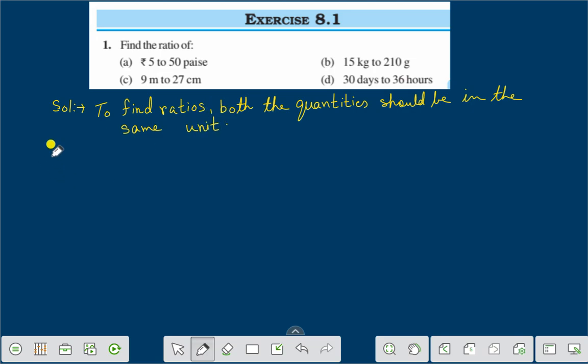Right? Number A is rupees 5 to 50 paise.